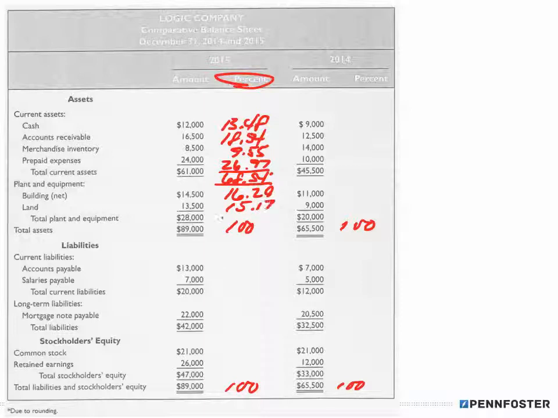You might see where you make a mistake because you understand the underlying concepts. So 14,500 is 16.29%. 13,500 is 15.17. On the 28,000, it's 31.64. I'm sorry, 31.46. Draw an underline, and that's 100%, and that gets a double underline just like that right there.